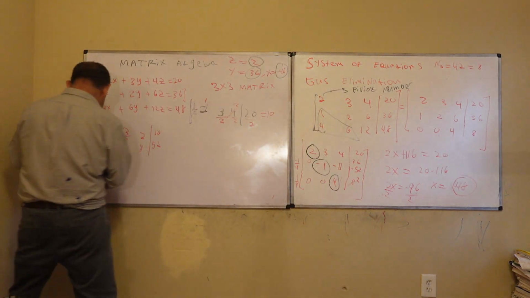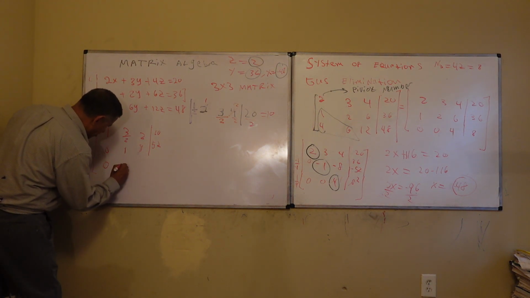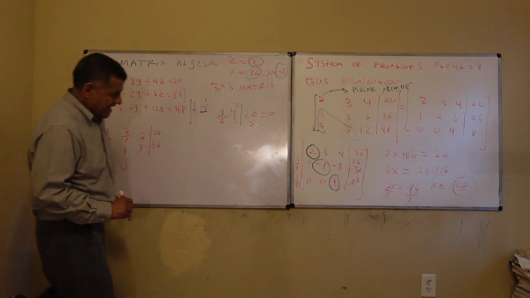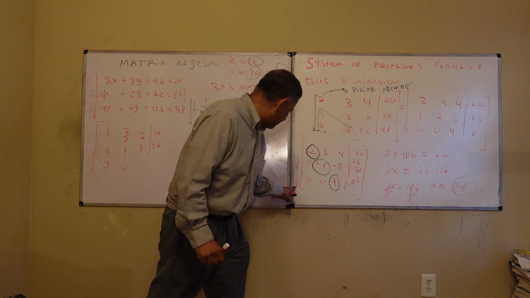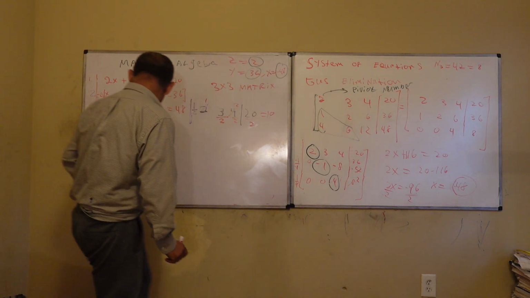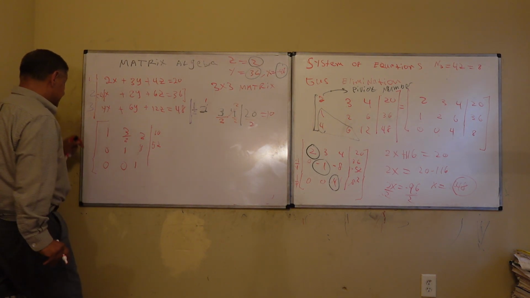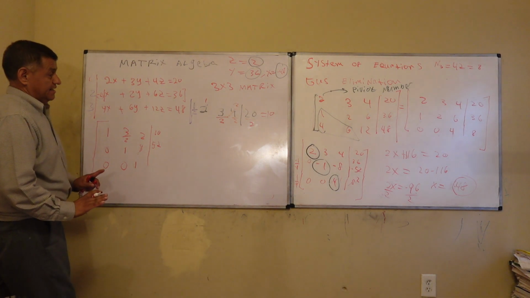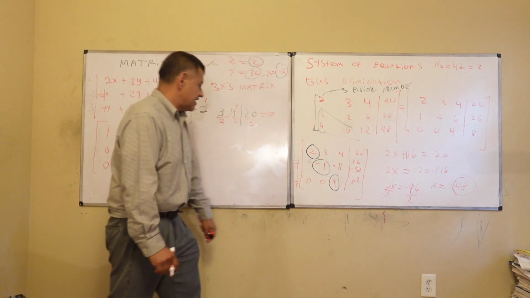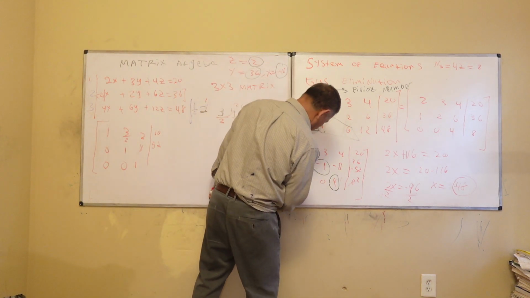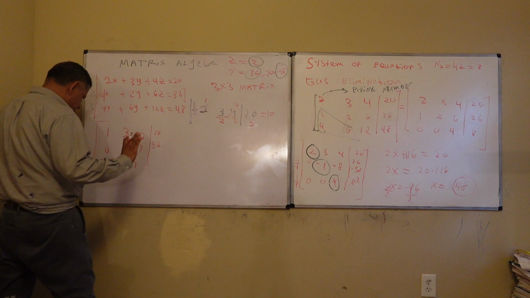So now it's going to be a 0, 0, and this is a 1 now because it's getting multiplied by 1/4. It's going to be equal to 1, and then last but not least, that 8 is being multiplied by 1/4, which is technically 2.